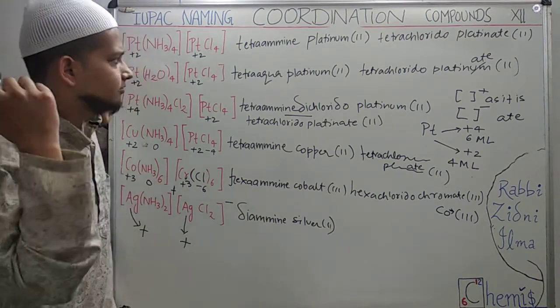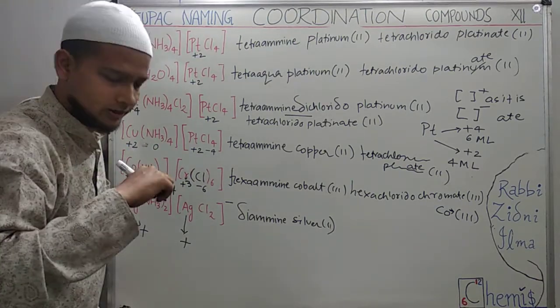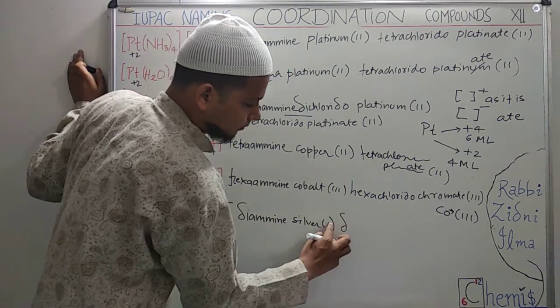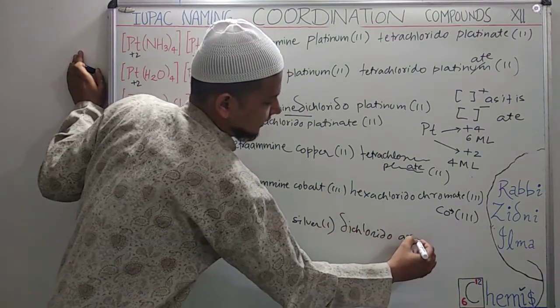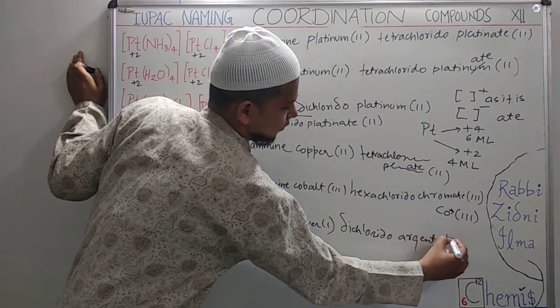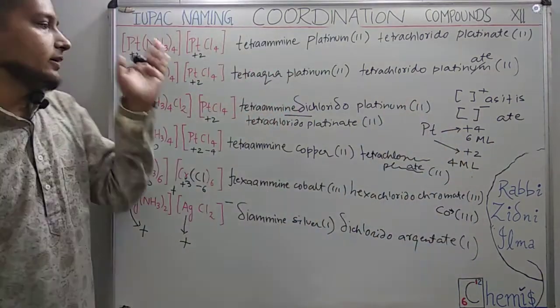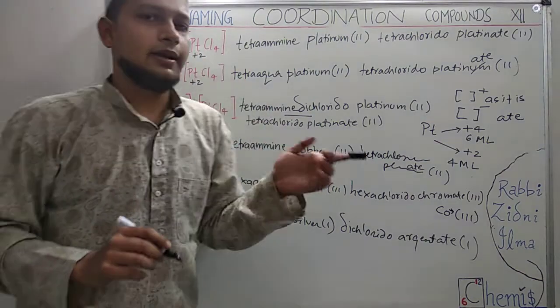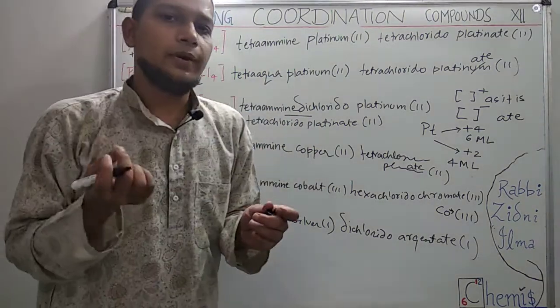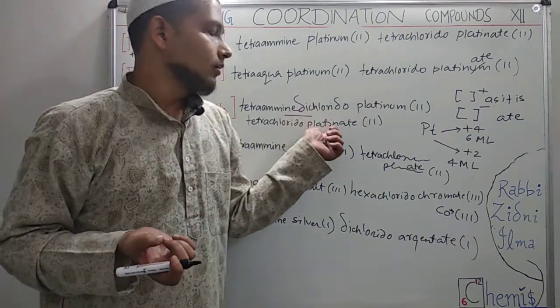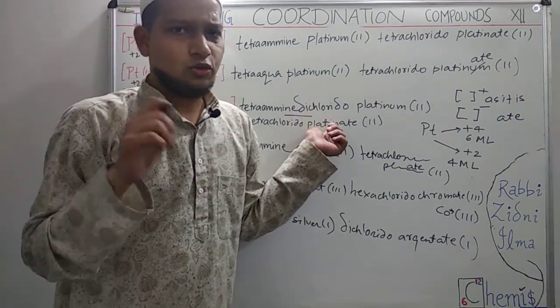I have taught you this in the previous one. So dichlorido argentate 1 and all done. So I hope you get this, and before it flushes down your memory, grab a pen, paper, pencil and write this down, and we will catch you up in the next section.